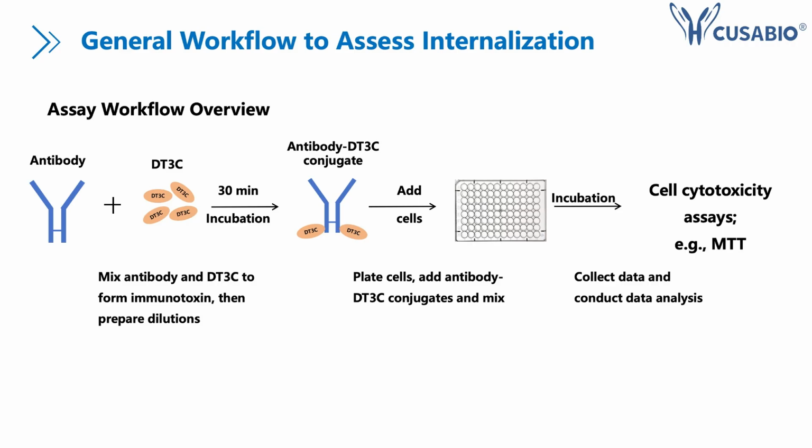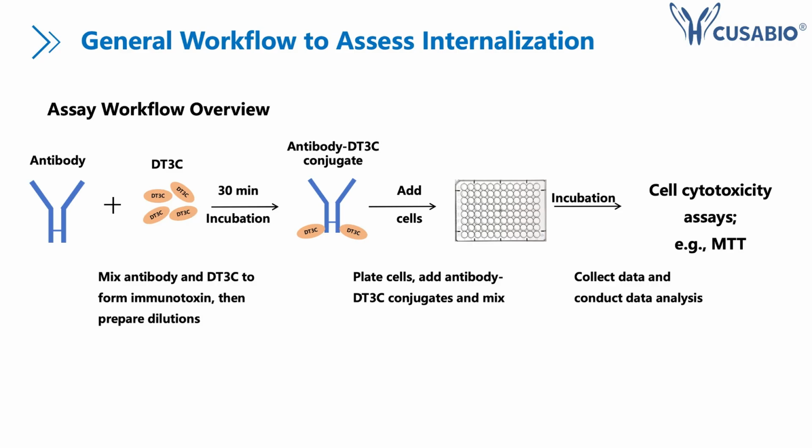At the same time or before this step, you can plate the cells. You prepare the cells that you want to assess, count them, dilute them, and plate them into a 96-well plate. Then you mix the immunoconjugate with the cells and perform another round of incubation.